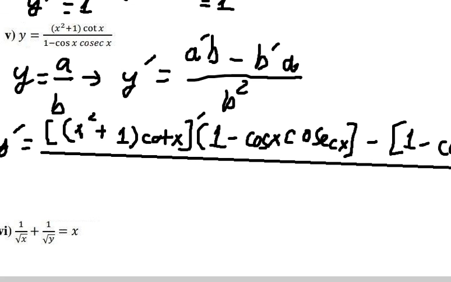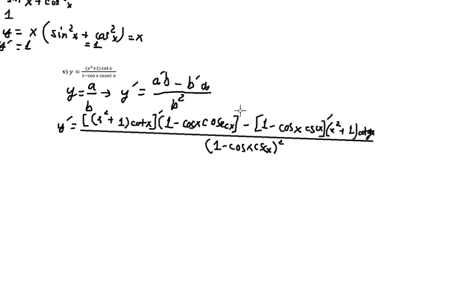And this one we have 1 minus cosine s cosecant of s, everything to the power of 2. Next, we do the first derivative of s squared plus 1 cotangent s.